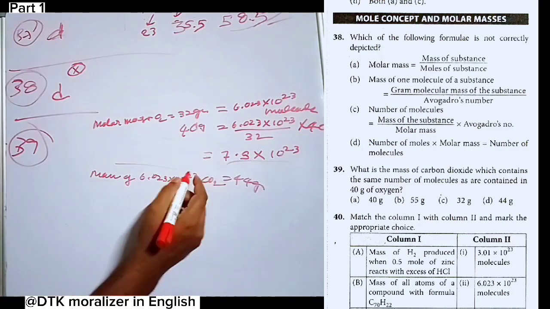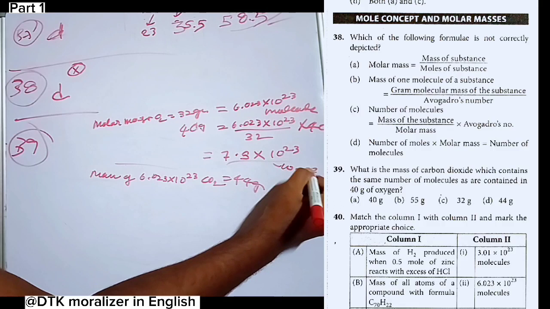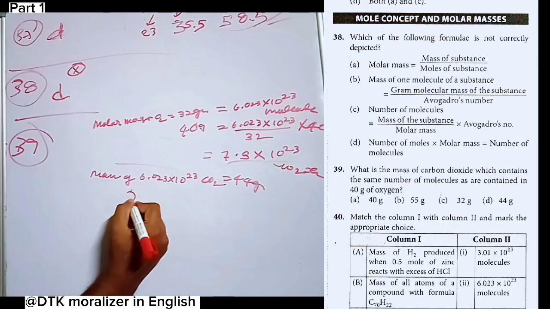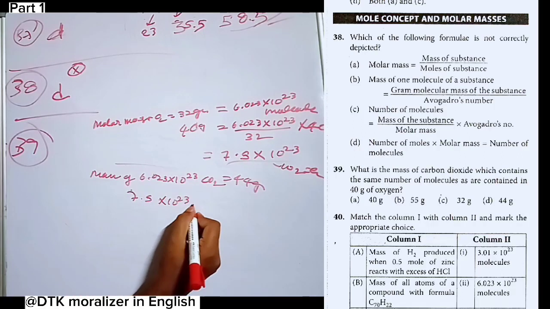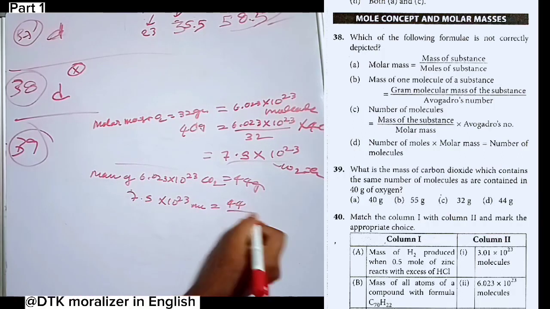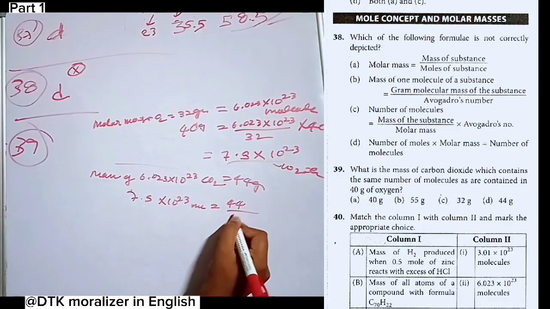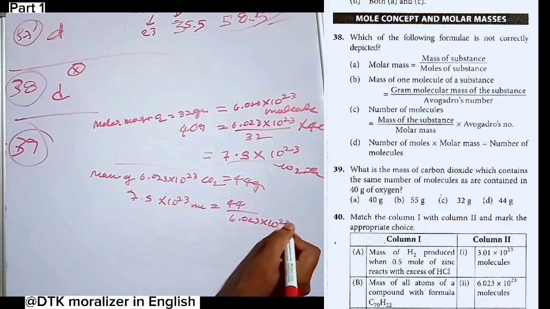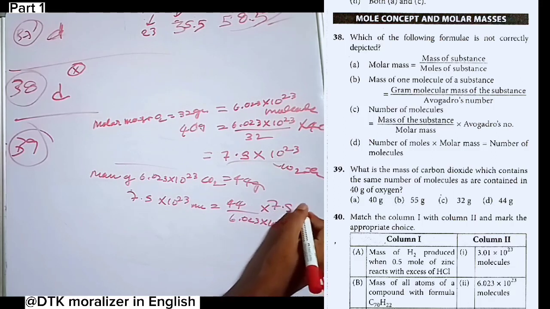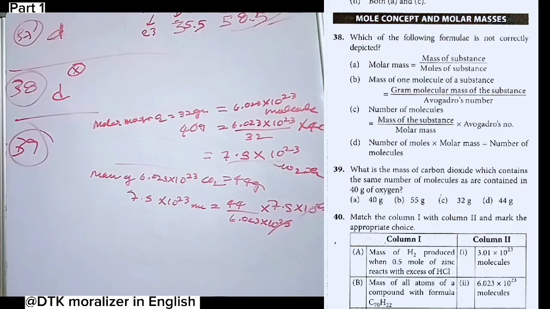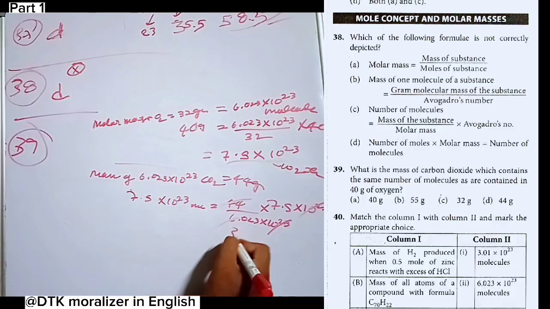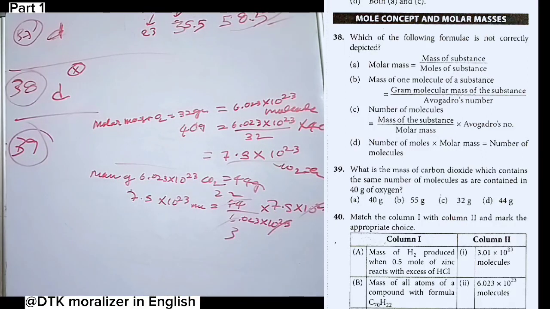Now as per the question, the mass of 1 mole of CO2 is 44 grams. So here 7.5 into 10 power 23 molecules will be equal to oxygen. So here 44 into 7.5 into 10 power 23 by Na.